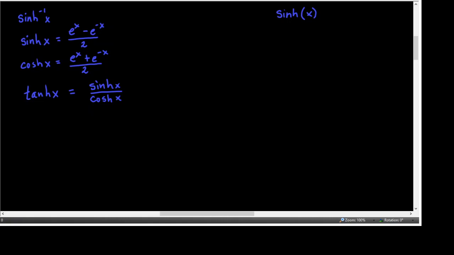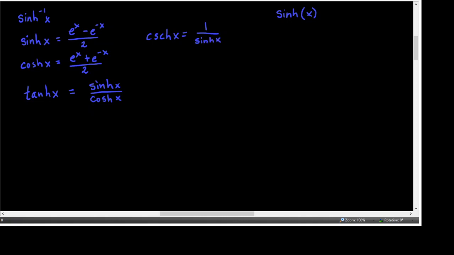S-I-N-H is hyperbolic sine. So the parentheses are understood, generally speaking. Anyway, hyperbolic cosecant of x is 1 over hyperbolic sine of x.